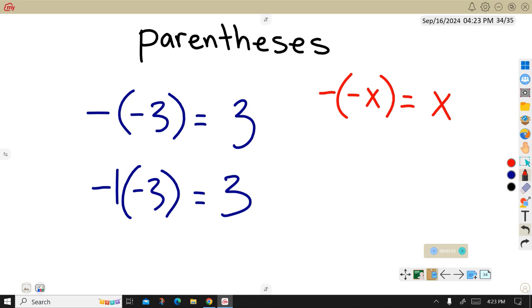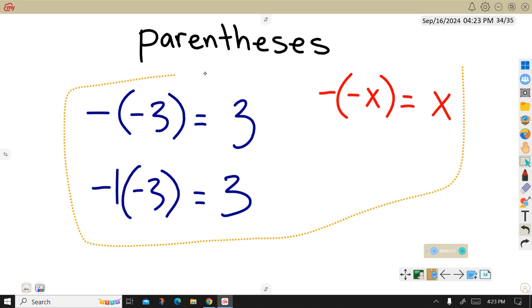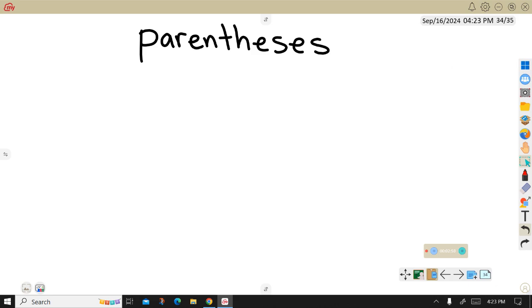So now when we add another symbol, like I was trying to tell you guys, another variable or another number, this is where we get all kinds of questions. So let's look at a couple of situations. We might have 1 - 2. We might have 1 - 2 in parentheses.